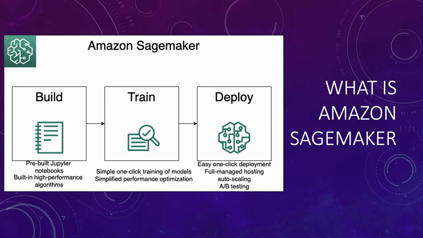SageMaker contains a lot of features. For example, it provides an integrated Jupyter authoring notebook instance for easy access to your data sources for exploration and analysis, so you don't have to manage servers. It also provides common machine learning algorithms optimized to run efficiently against extensive data in a distributed environment.